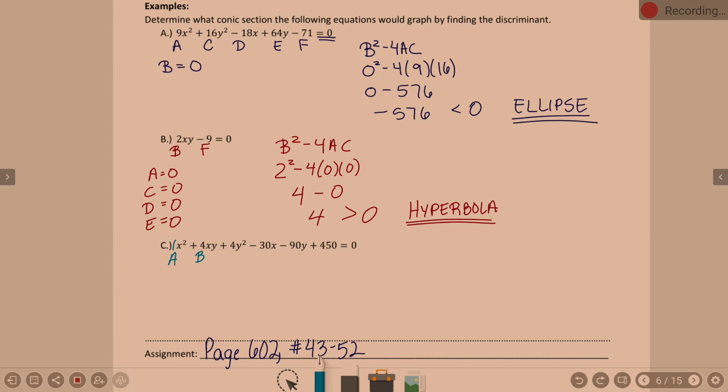B is the 4 in front of the xy term. C is the 4 in front of y squared. We'll go ahead and label the rest just because. D is the negative 30 in front of x. E, negative 90 in front of y. And F, the 450. Okay.